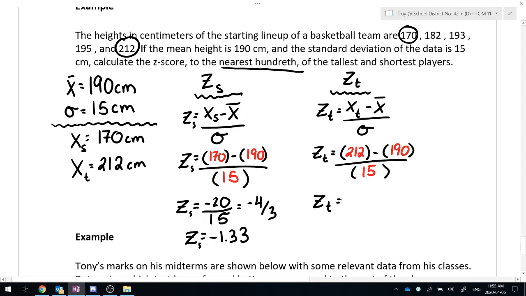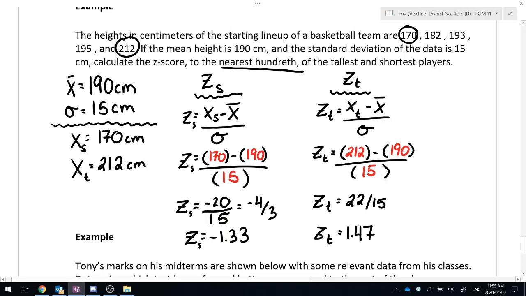All right, so for this one, this is going to be 22 over 15. So if you get your calculator out here and round this one to the nearest hundredth, you'll get a value of positive 1.47.